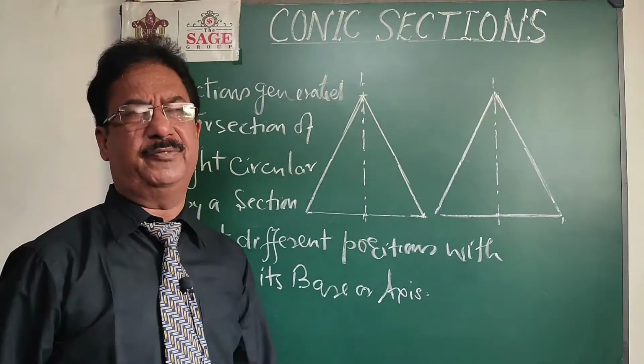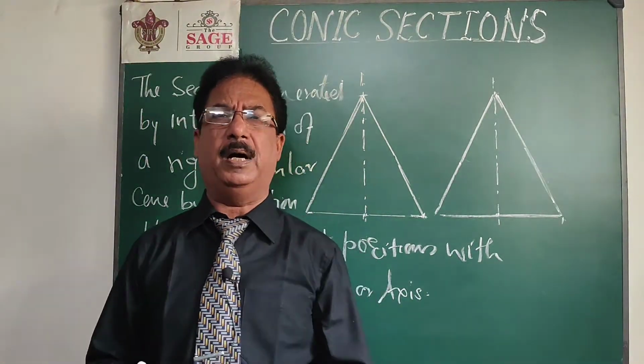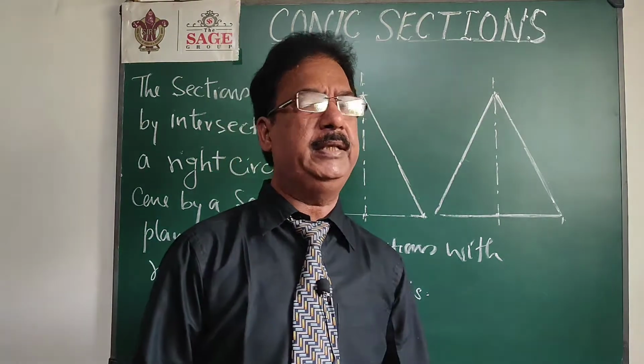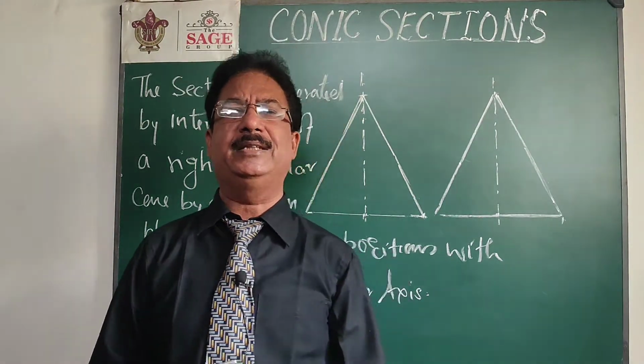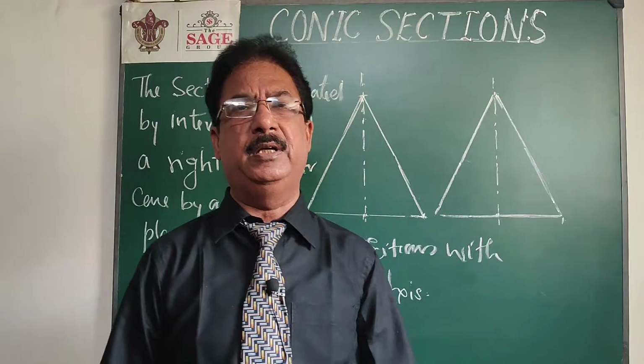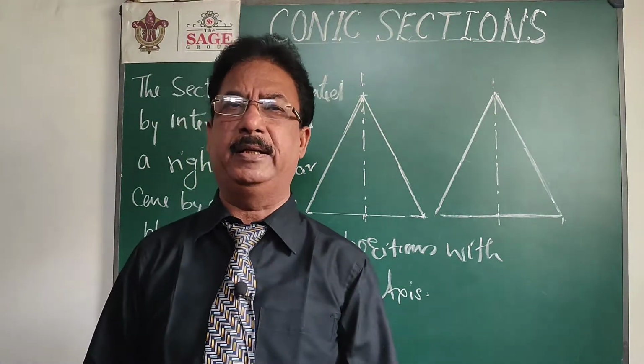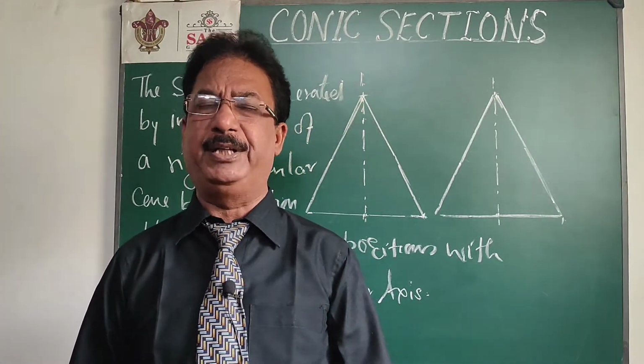This is the basic definition of a conic section, because they are part of a cone. So again, conic sections are the sections obtained by intersection of a right circular cone by a plane at different positions with respect to its base or axis.